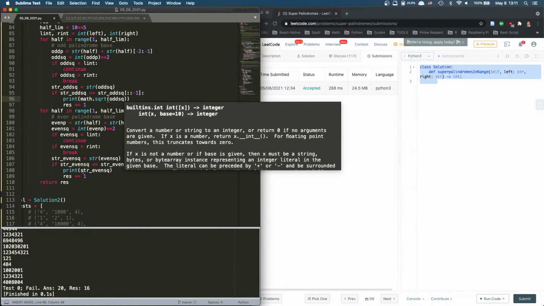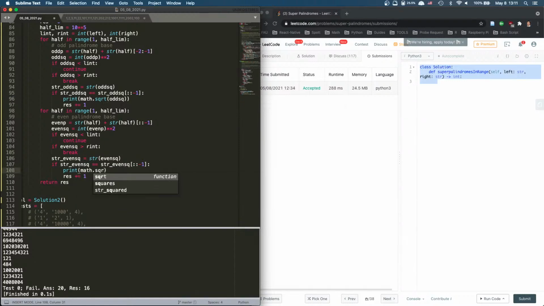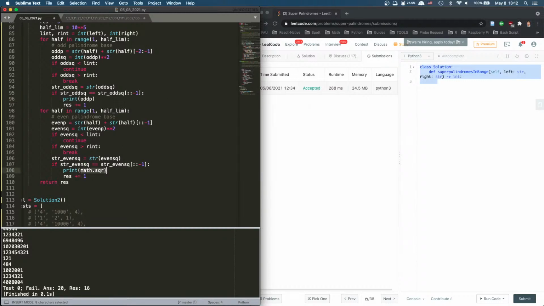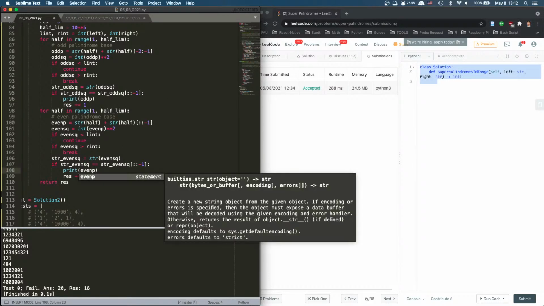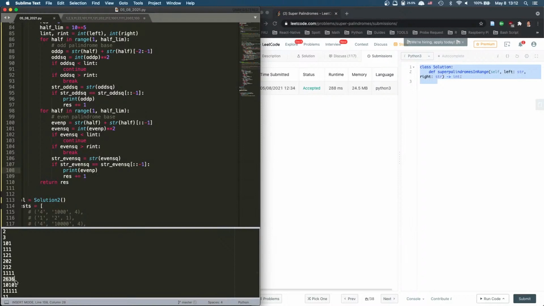Add this, right? And then say math. I'm actually not going to print math.sqrt because these are all palindromes, that's for sure. I'm going to print out just odd and even p. You see, we have 2, 6, 3, 6. What the hell is that? That doesn't make any sense.